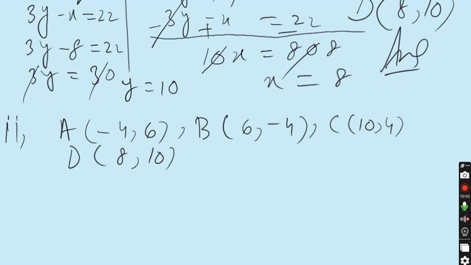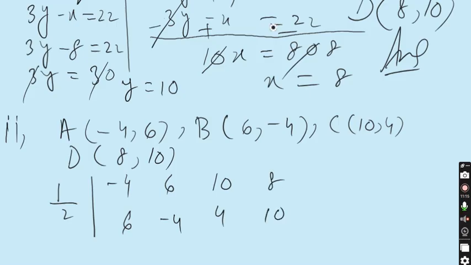We will use the determinant formula to find the area of a quadrilateral, because this formula is applicable on all types of quadrilateral. x1, y1, x2, y2, x3, y3, x4, y4, and x1, y1 again.